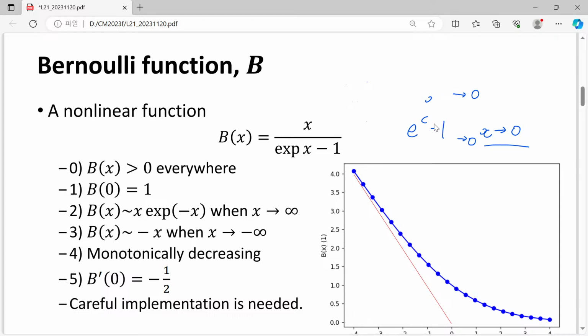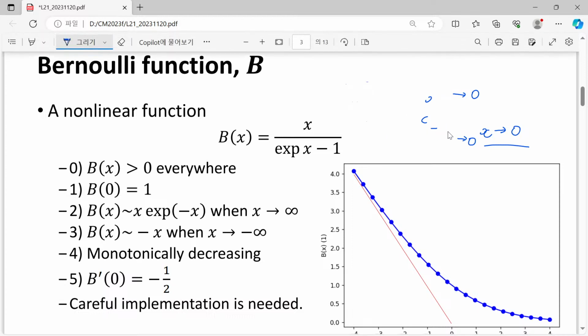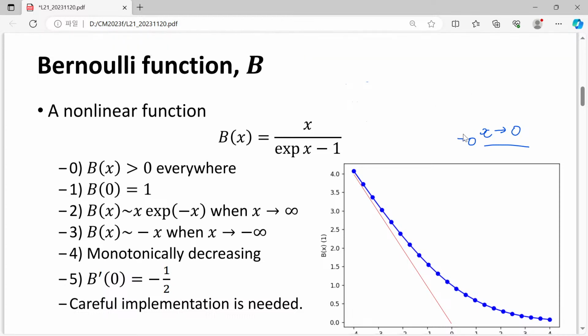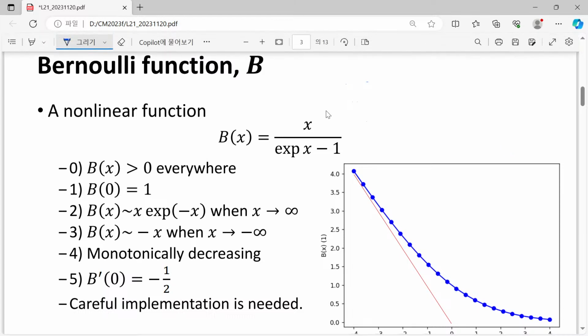Please remember that we have already covered the extreme forms of our Scharfetter-Gummel scheme.